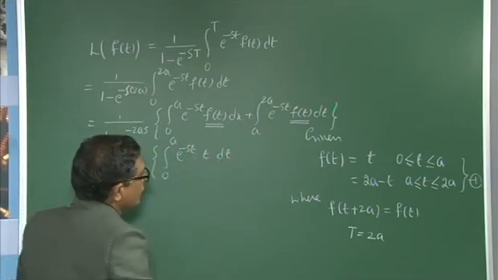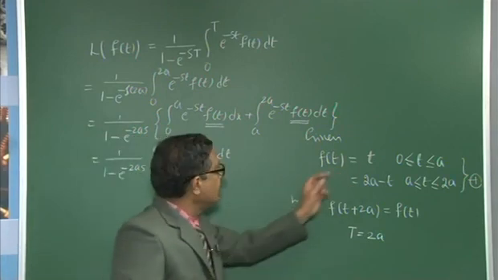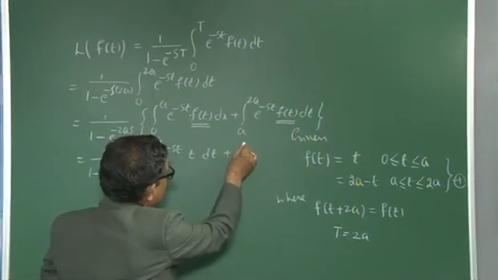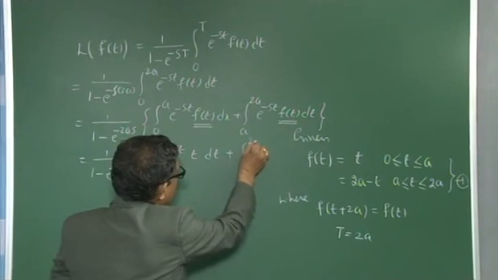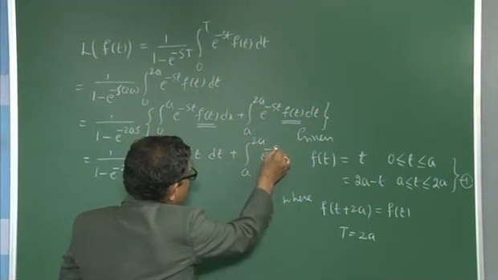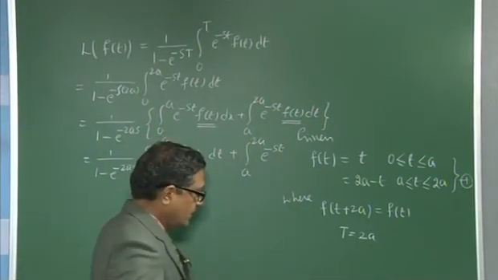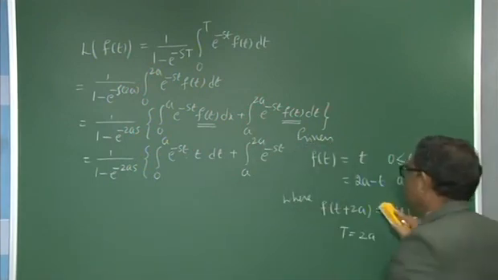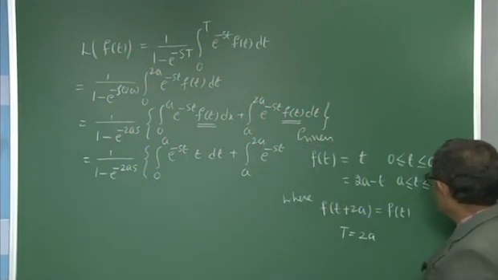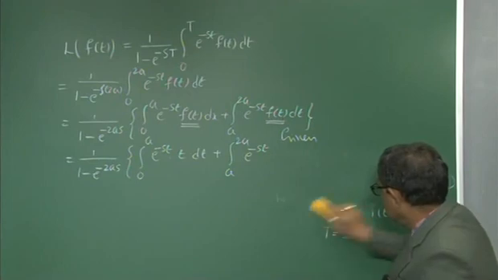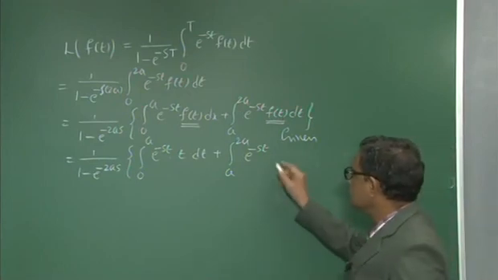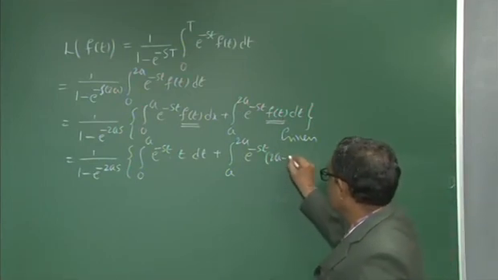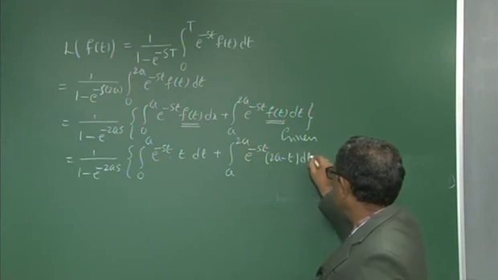In the interval 0 to a, your f of t is t, plus integration a to 2a e raised to minus st. In the interval a to 2a, your function is 2a minus t. Now substitute, it is 2a minus t dt.